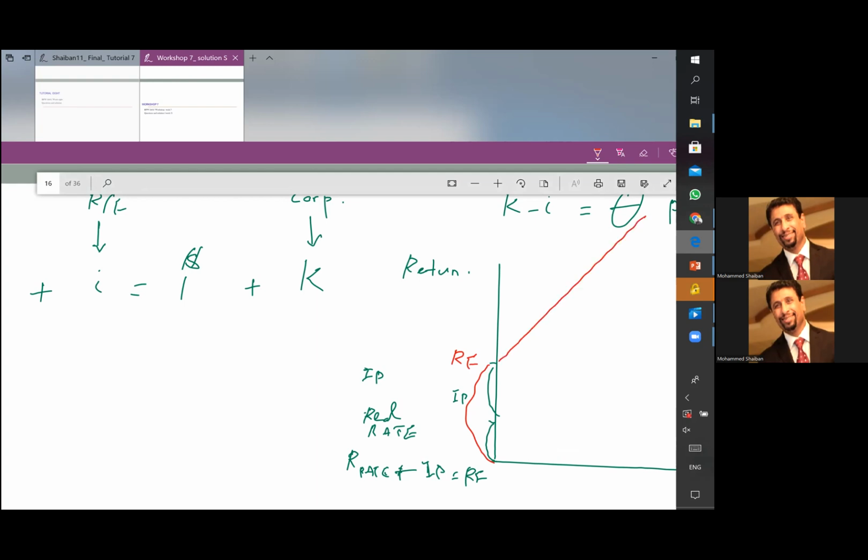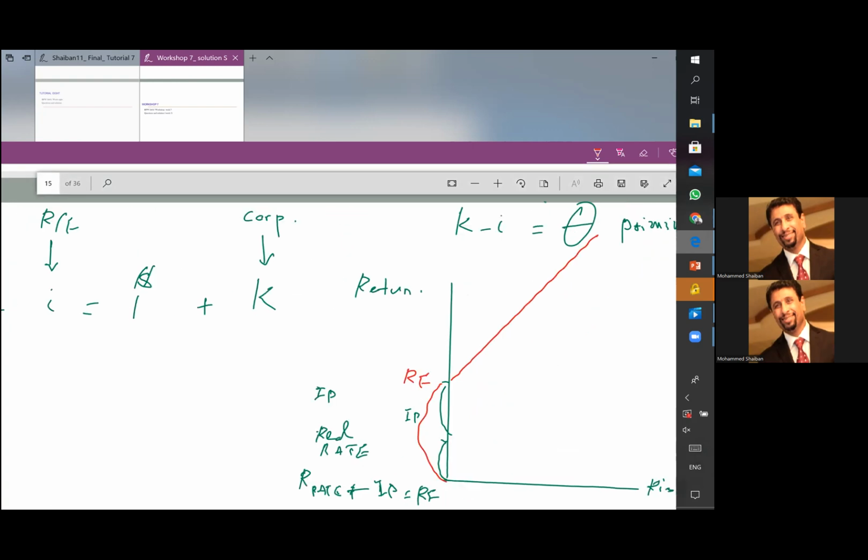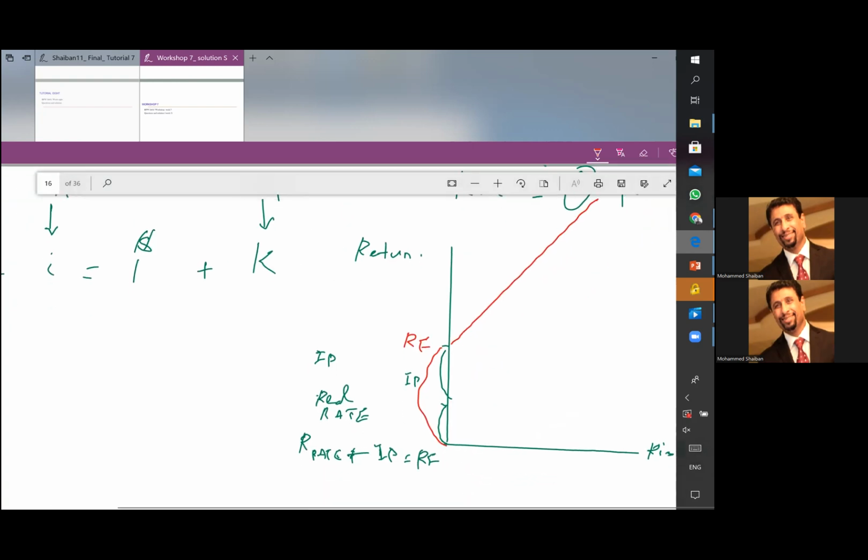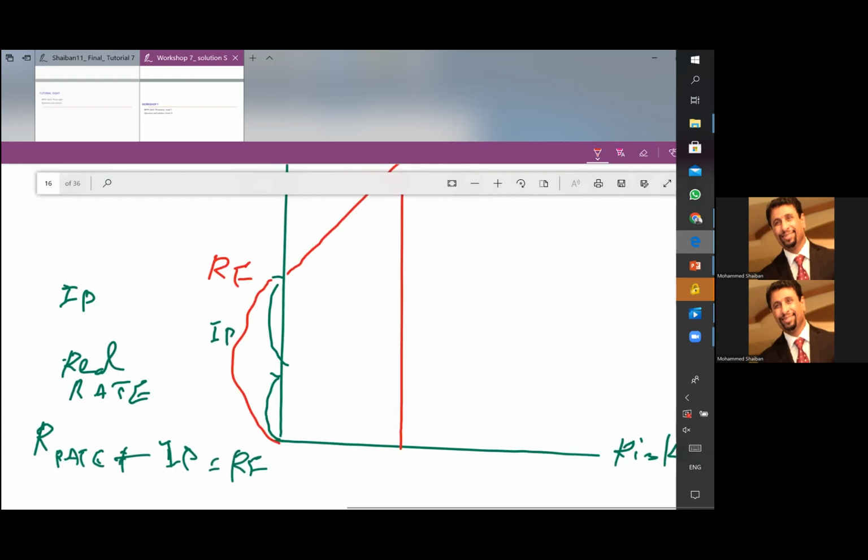So if I'm having a corporation with this risk, then in this case, this defaulting risk, the risk now is the defaulting risk, okay? Is from here to here.